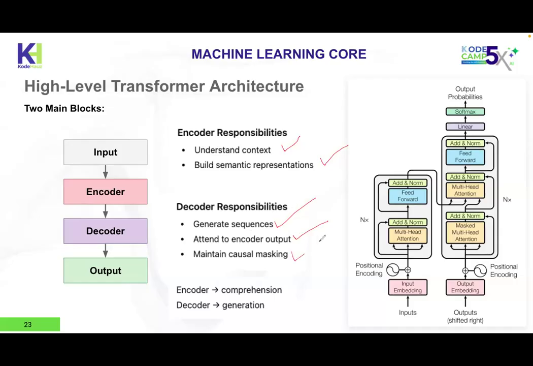And then the decoder has to do masking to prevent learning future stuff. It's not supposed to learn, it's supposed to predict. It's supposed to learn from the encoder and then predict, not to learn from itself. So in summary, the encoder does comprehension while the decoder does generation.